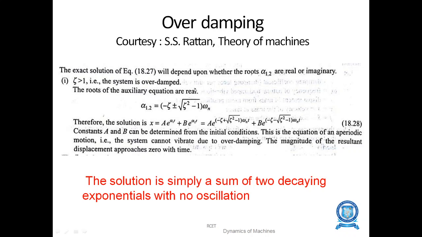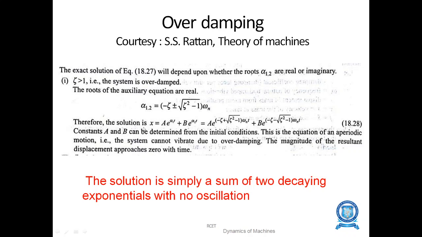The exact solution, that is eta greater than 1, the system is said to be overdamped. Therefore, the value of alpha becomes minus eta plus or minus root of eta square minus 1 into omega n.